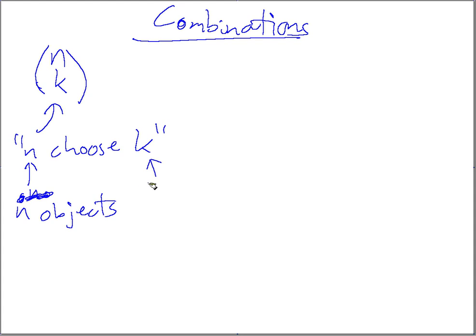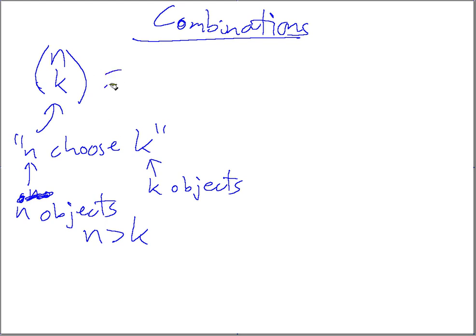We're assuming obviously that n is greater than k, because you're choosing a subset of those objects. So let's say I have 5 objects and I choose 3 of them. This little combination tells me how many different combinations are possible.